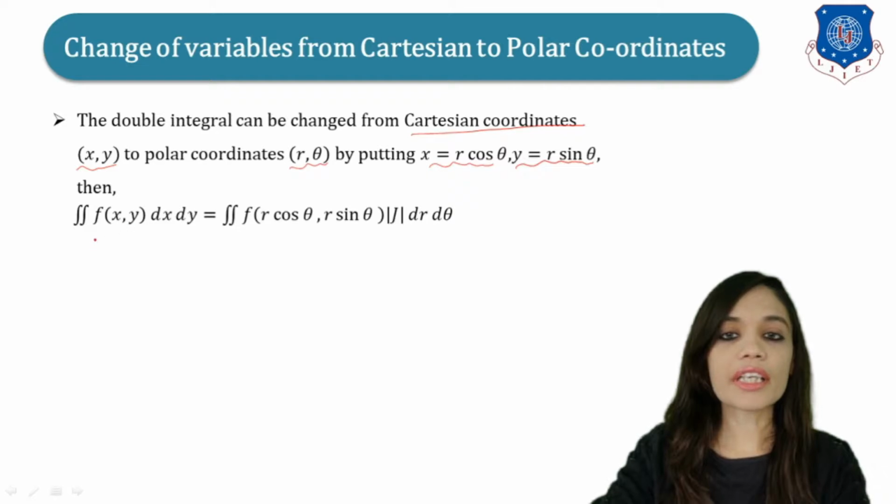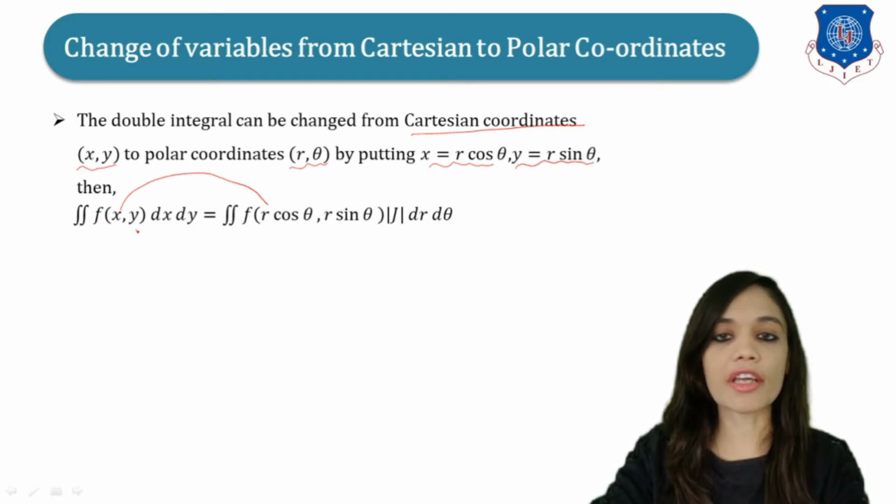Then the double integral of f of x, y dx dy equals, you have to replace x by r cos theta and y by r sin theta. So this will be equal to the double integral of f of r cos theta, r sin theta, mod J dr d theta.